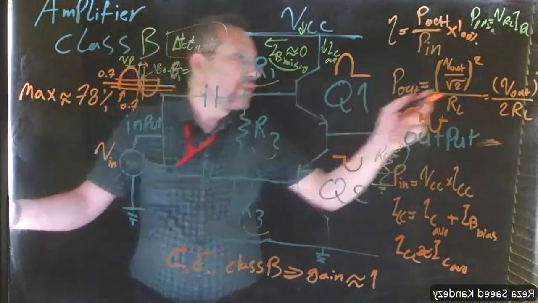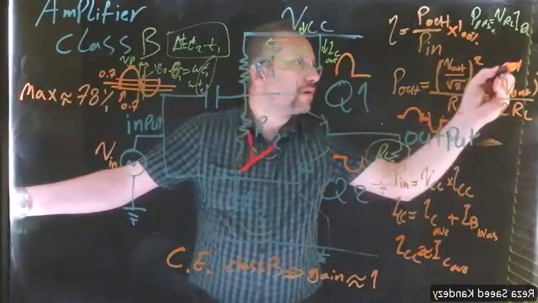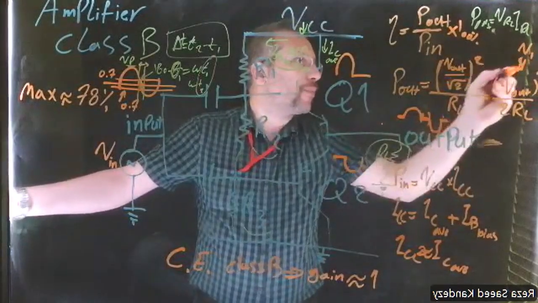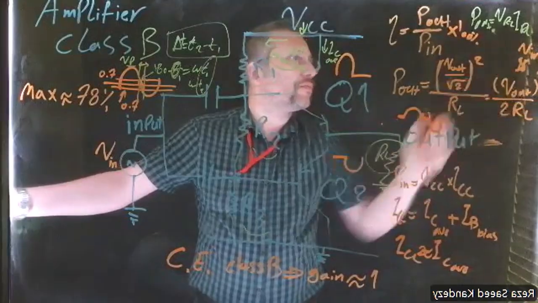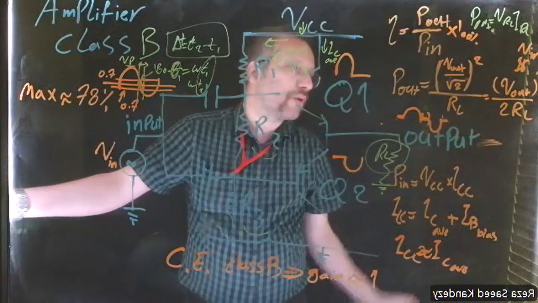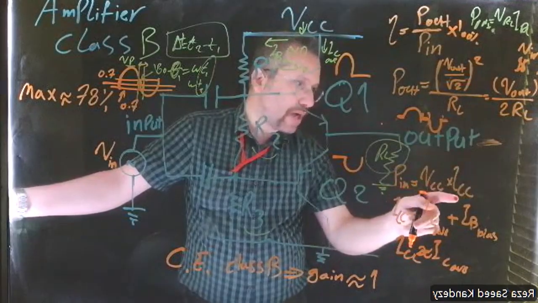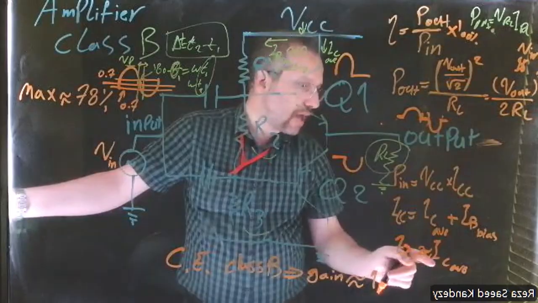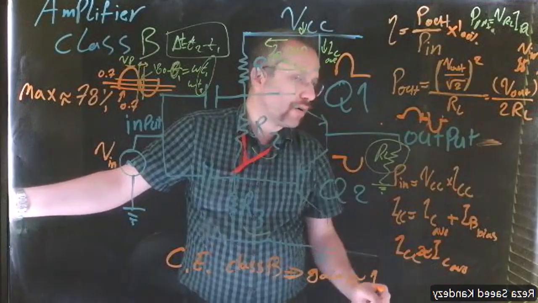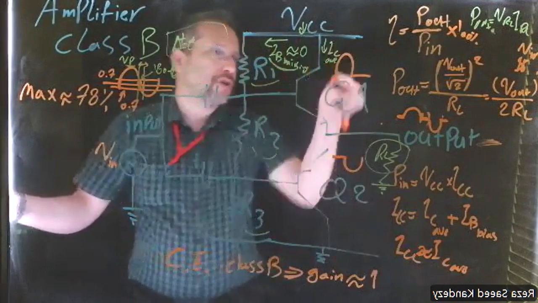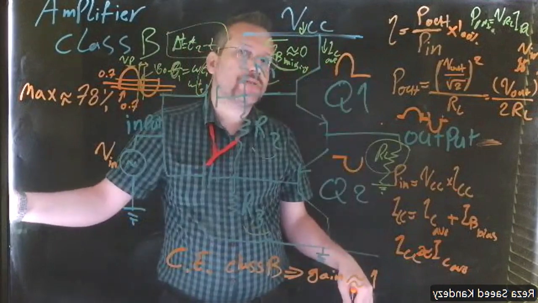Now, for P in, we said it is going to be VCC times ICC, where ICC is the average of the collector current. It is the half cycle rectifying situation.